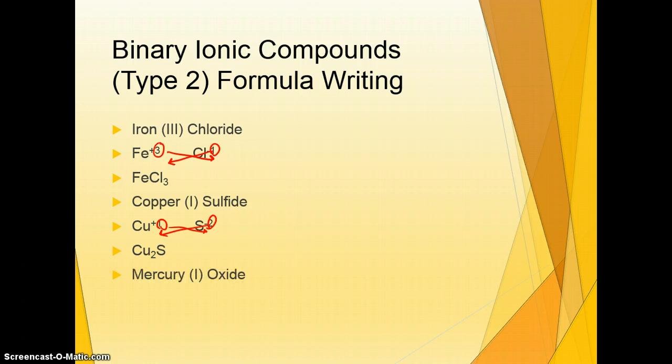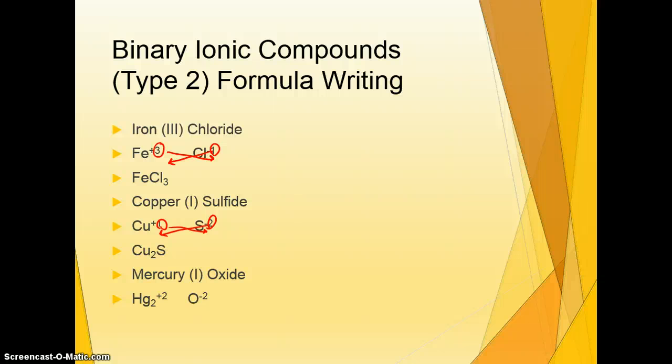And finally, we're looking at mercury 1 oxide. Mercury 1 is one of our special ones that we have to remember. So that's Hg2+2 and O-2. This is an interesting one because initially you think you want to crisscross, but we always have to check first if our charges are equal.